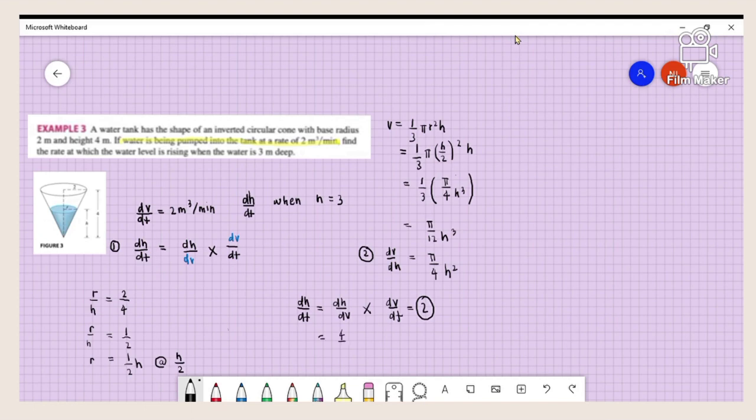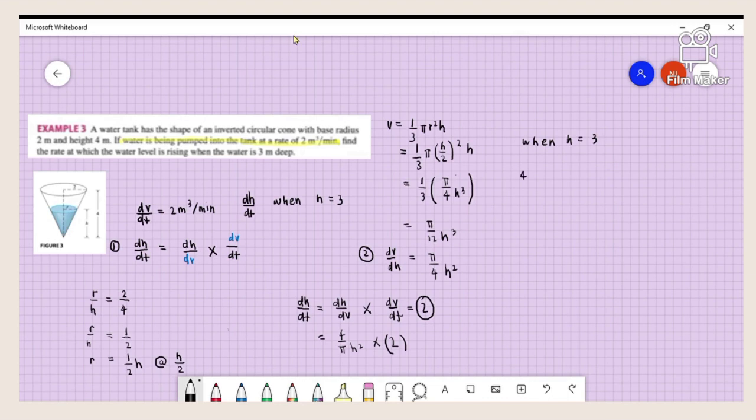4 over pi h squared multiplied with 2. So when h is equal to 3, we are going to substitute 3 into dh over dt.